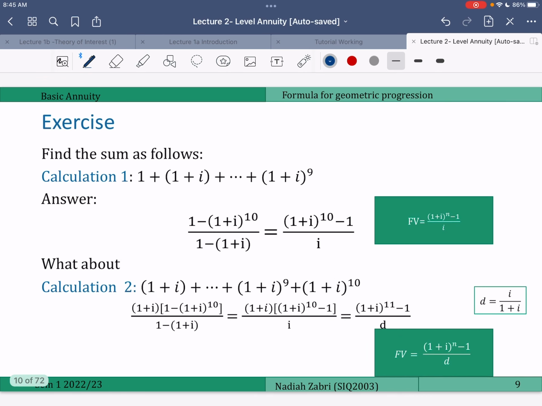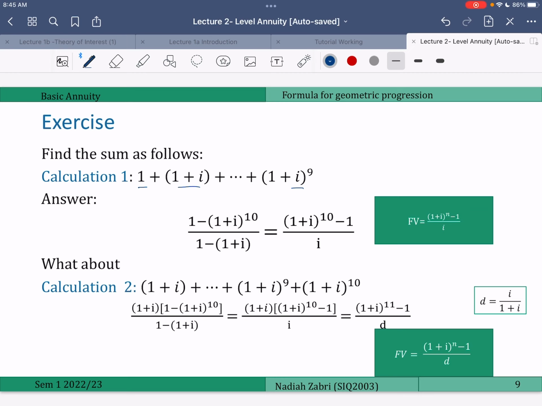Okay, now let's do more exercise on the geometric progression. Let's say you have this calculation. You have 1, 1 plus i, until 1 plus i to the power of 9. So the common term is 1 plus i, and the number of terms is 10. And then do the formula with geometric progression.